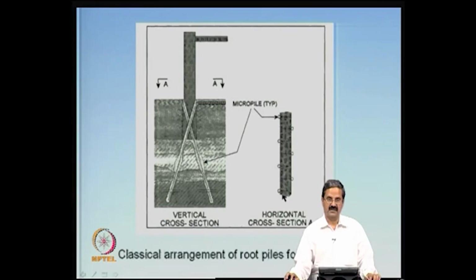One of the first applications, the way it was schematically shown, is that there is a load coming on this material here. In order to increase the bearing capacity of the foundation, two micropiles were introduced. The advantage is that if the vertical load is coming in this direction, a skin friction develops between the grout and the soil, acting in the opposite direction.